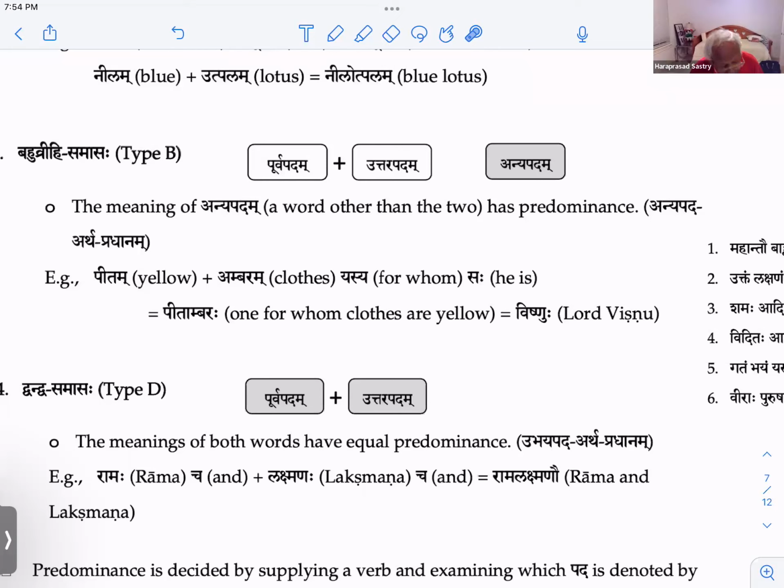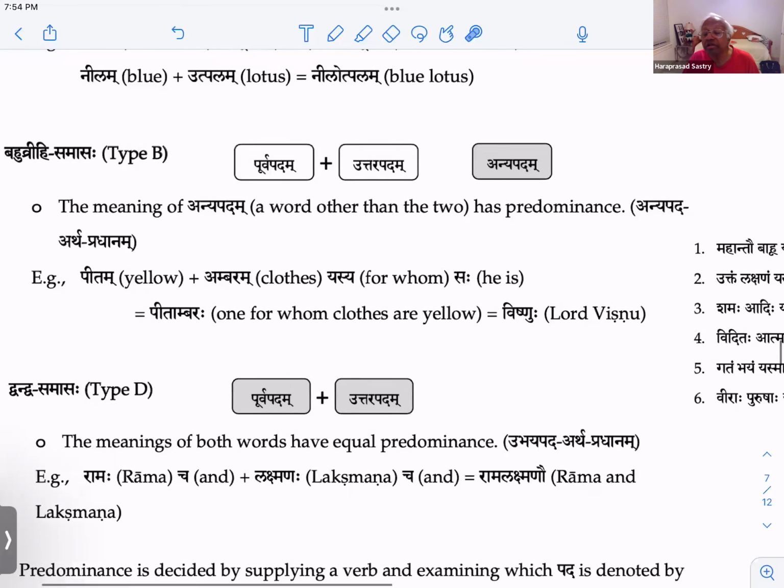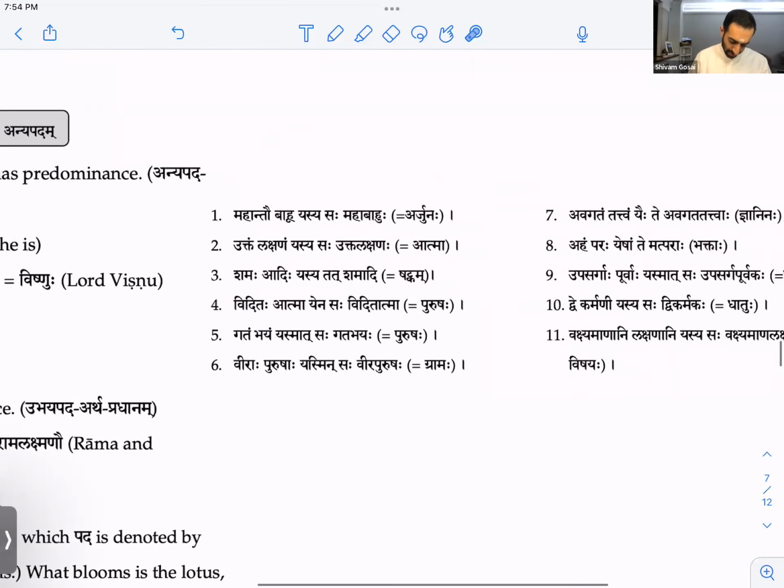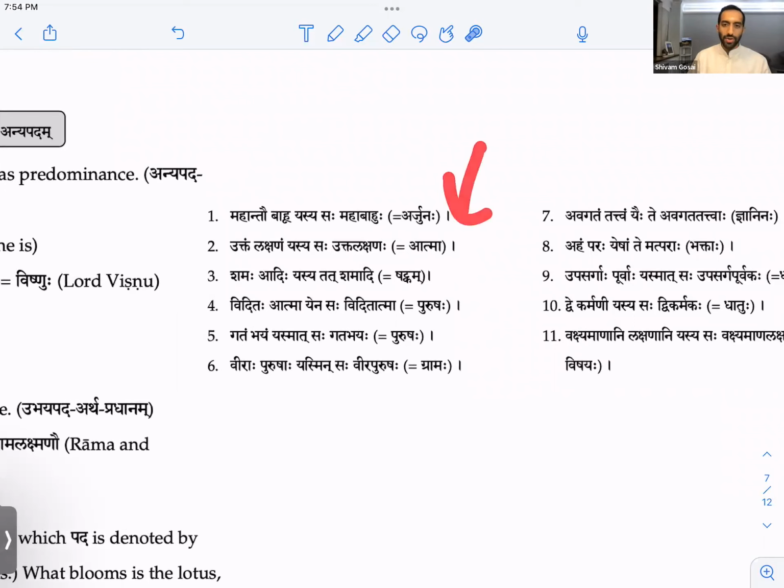Okay, all right. Now, this example you took, where is it? All this Viraha, Purushaha and all that? These ones here? Yeah. When we get to it, later in the book, there's a whole Samasa section. I see. If you go to the Bahuvrihi section, there's a homework where you look at these examples. So, for example, Mahanto Bahu, Ekashesha Mahabahu.